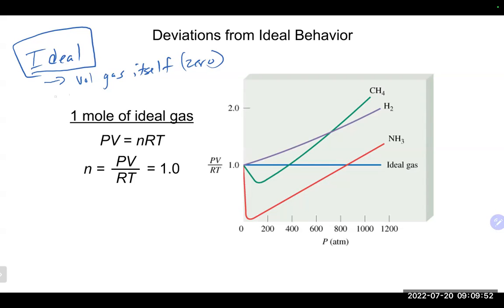You think of it as a small little jelly bean in a big bucket, right? The actual volume of the jelly bean versus the volume of that big bucket, not all that important. It's negligible based on the size of the container it's in.